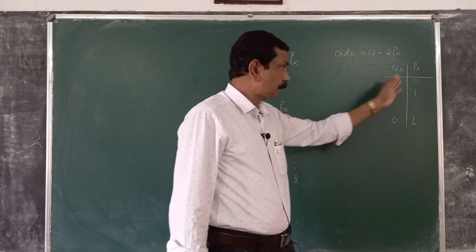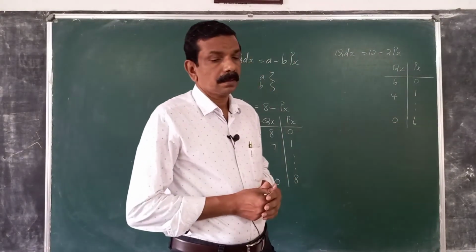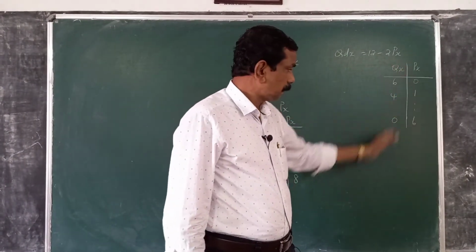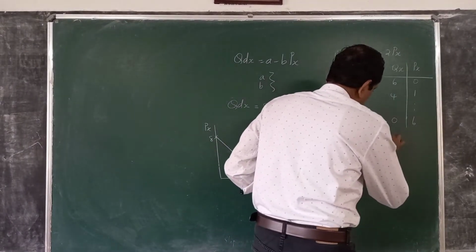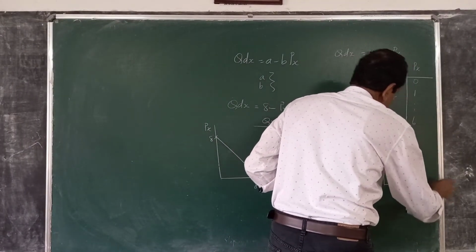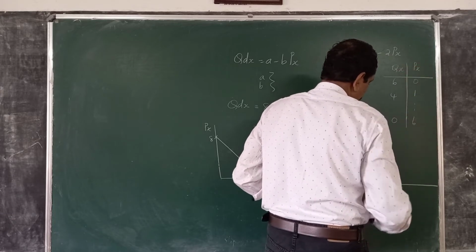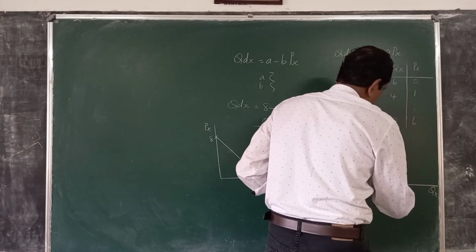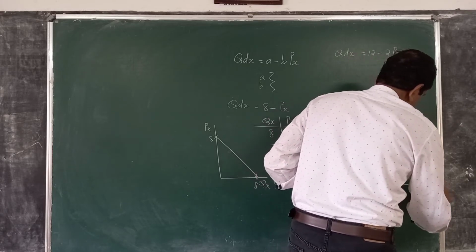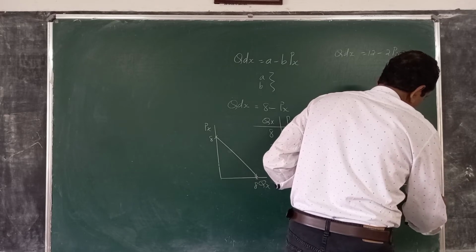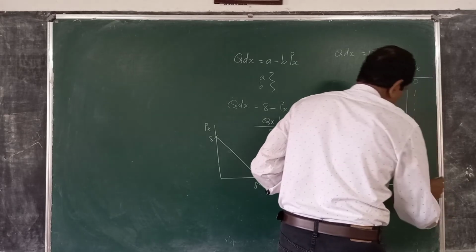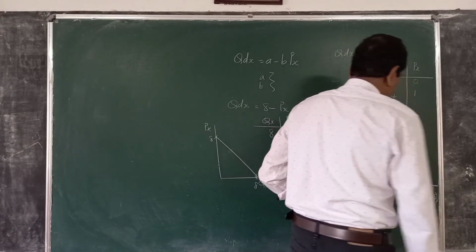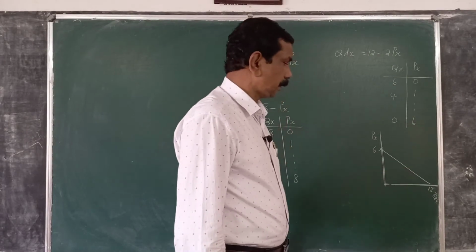By assigning various values to Px, you get the corresponding quantities. If you plot this individual demand schedule in the form of a graph, with Px and Qx, 6 on the quantity axis and 12 on the price axis, this is the demand curve.